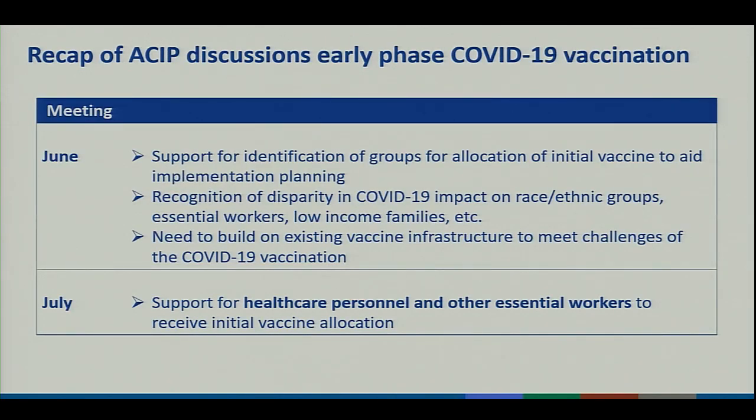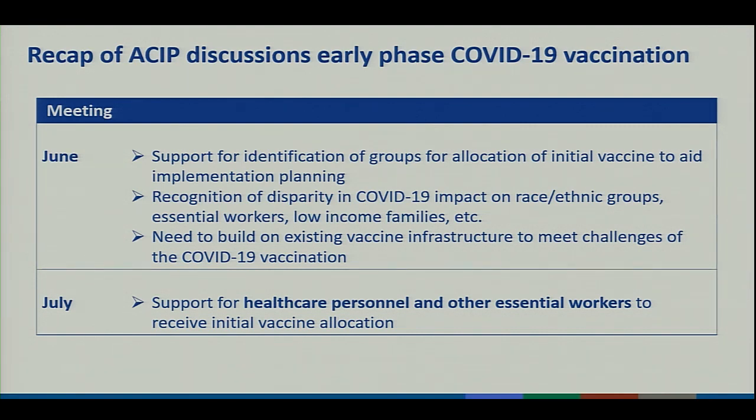Departing now from implementation planning, I'd like to recap previous ACIP discussions regarding early phase COVID-19 vaccination. In June, ACIP expressed support for identification of groups for allocation of initial vaccine to aid implementation planning. ACIP recognized the disparity in COVID-19 vaccine impact on minority race and ethnic groups, essential workers, and low-income families.